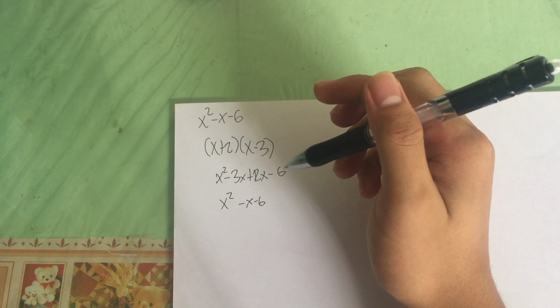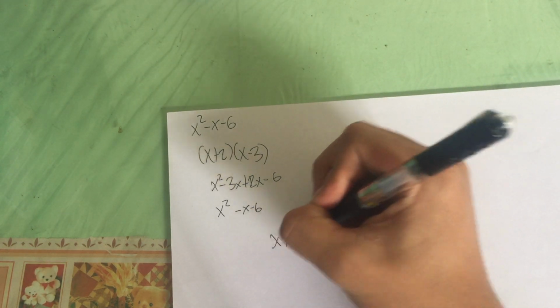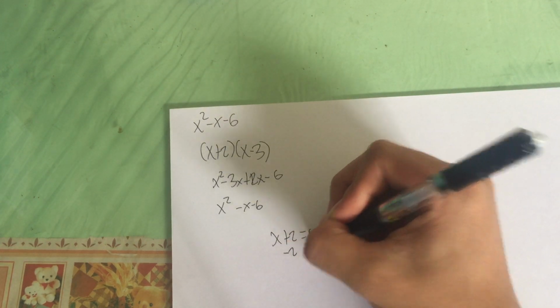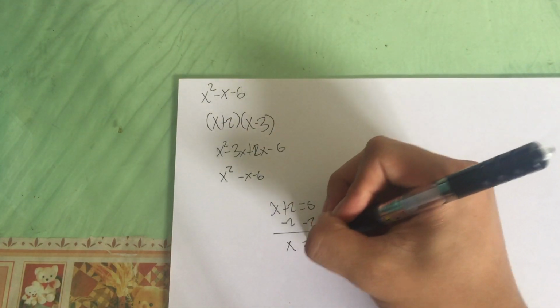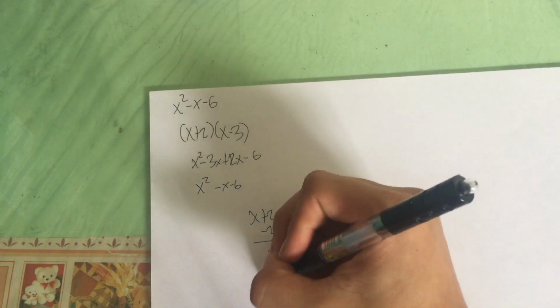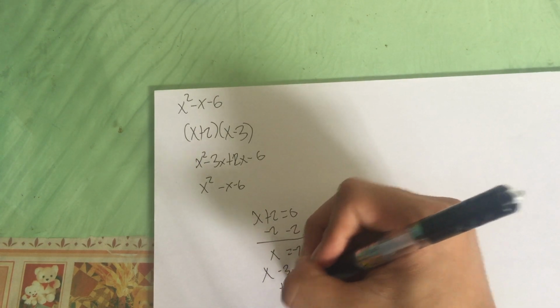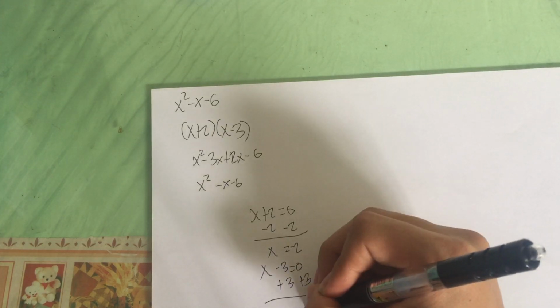Now, x plus 2 equals 0. Subtract 2 from both sides, which will lead to your answer x equals negative 2. And here, x minus 3 equals 0, plus 3 plus 3. Your answer will be x equals positive 3.